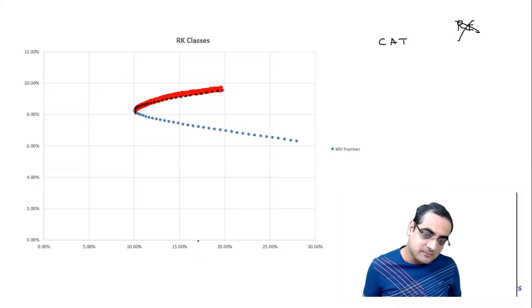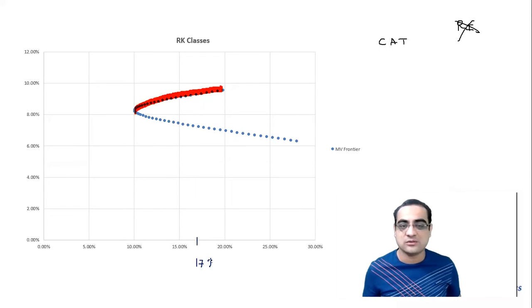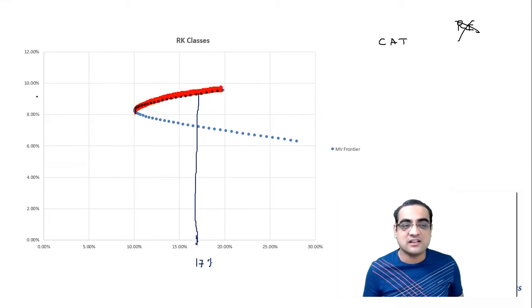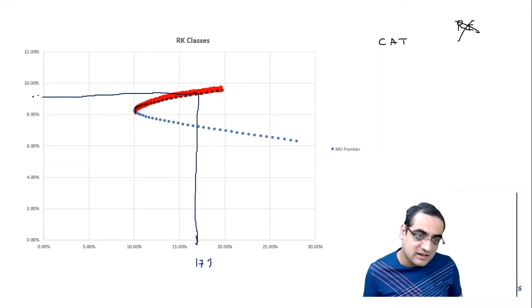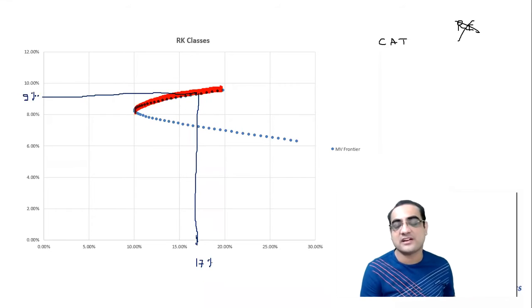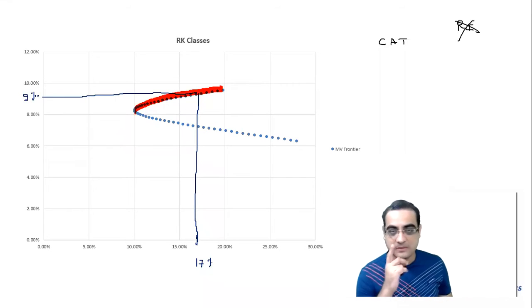So the client tells that my risk tolerance is 17%. Then you take a scale and put it up like this. And the return that you can give to the client would be something around 9%. So if the client has a risk tolerance of around 17%, then you can give a return of 9% to the client.